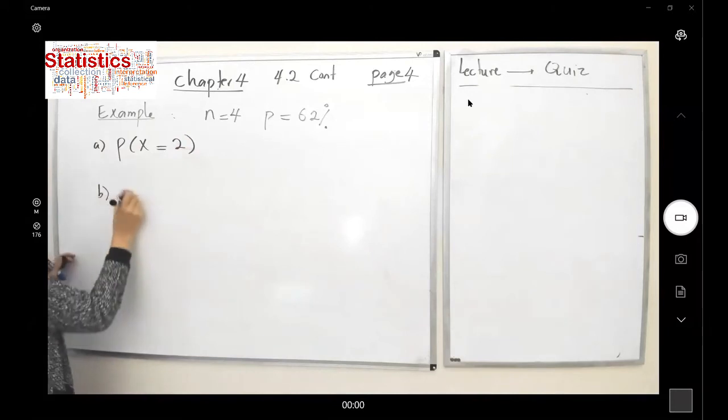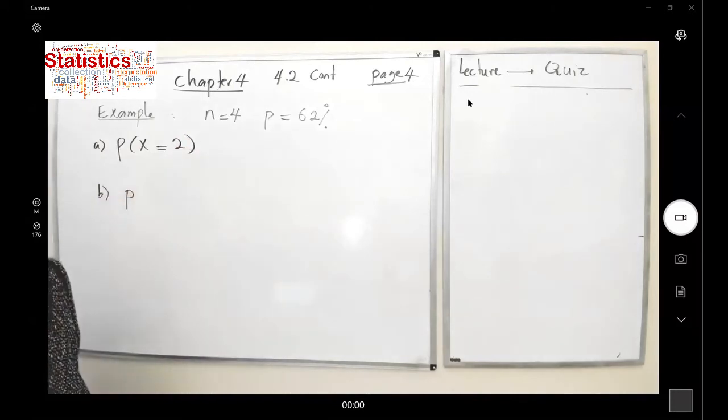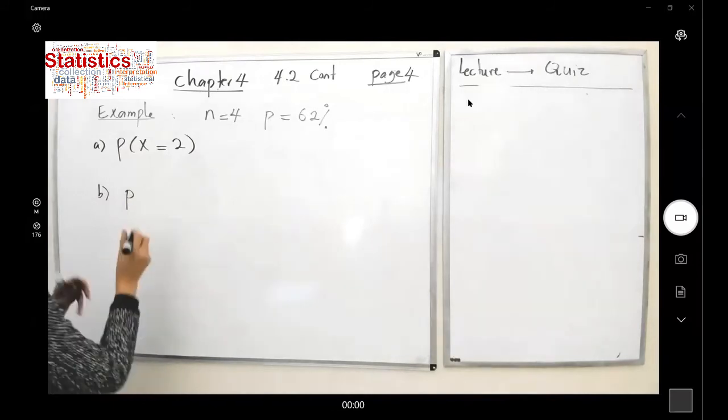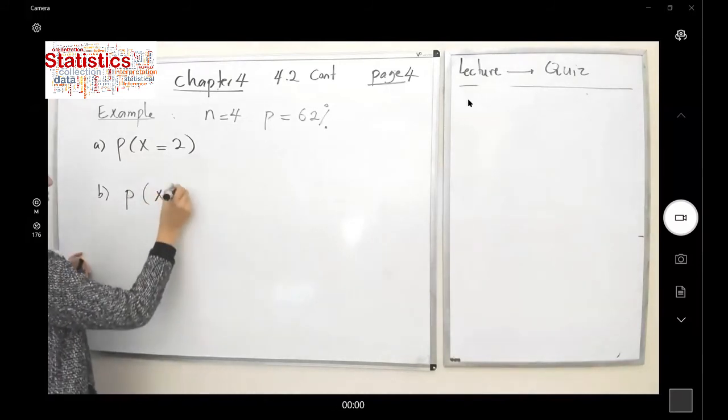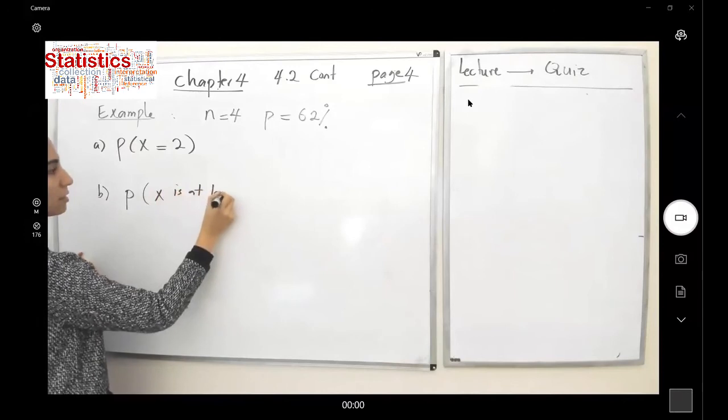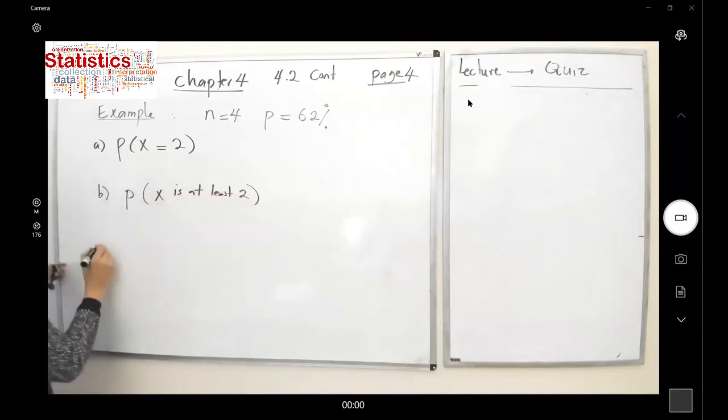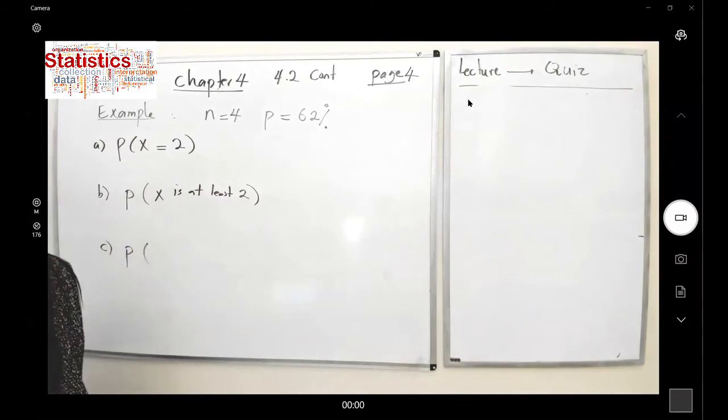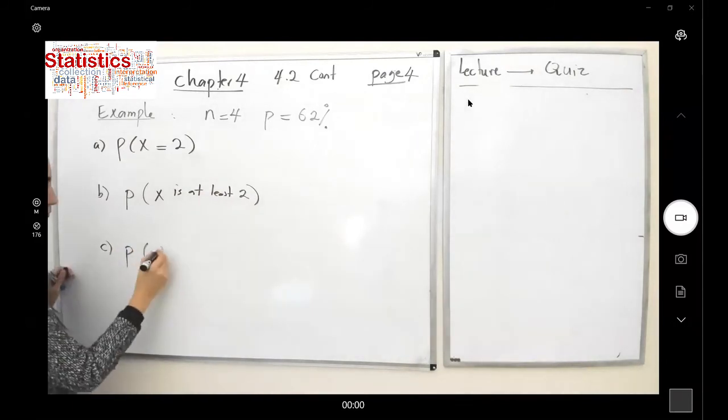B, find the probability that X is at least 2. C, find the probability that X is fewer than 2.